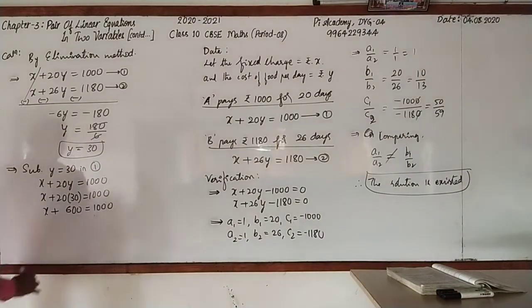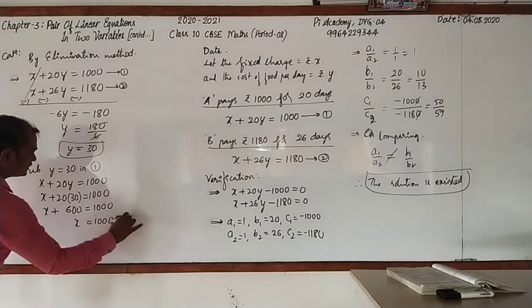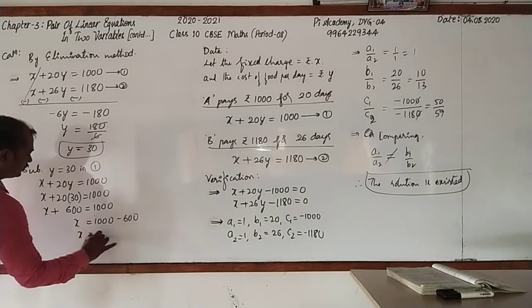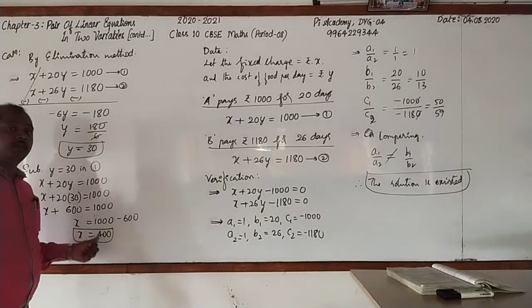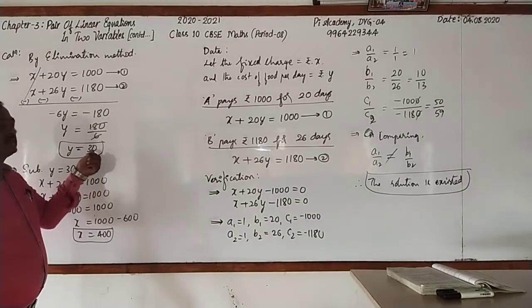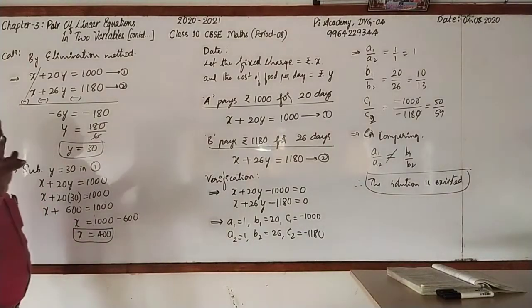It's equal to 1000. Then x equal to 1000 minus 600, which is equal to 400. What does 400 indicate? It is the fixed charge, the hostel's fixed charge. And 30 is the cost of food per day.